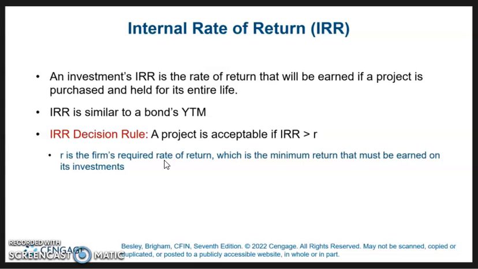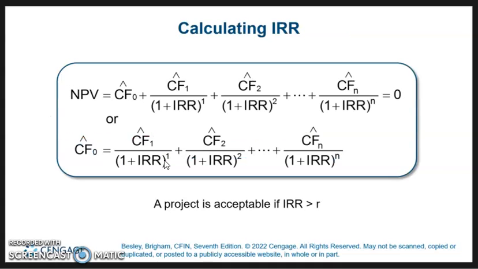So the NPV can be done by hand. The IRR, on the other hand, cannot be. I mean, well, it can be. You can sit there and basically guess the rate, but there's an IRR function on the calculator and in Excel. They are much easier to use than trying to do it by hand.